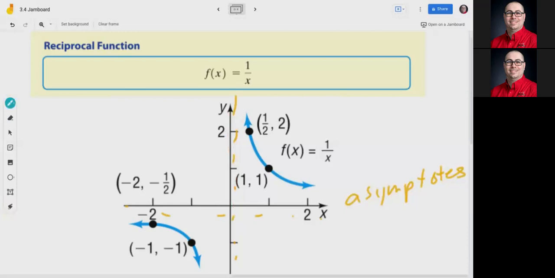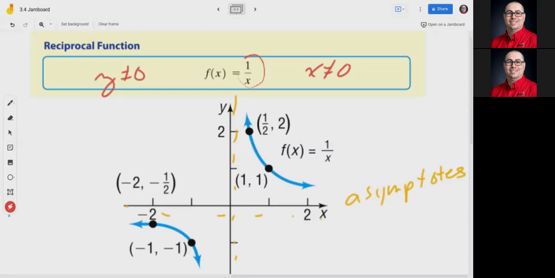The reason for the vertical asymptote is because x cannot equal 0. This function has a domain restriction there. And the reason for the horizontal is because y can't equal 0. And the reason that y can't equal 0 is because there's no way for me to make 1 over some value equal to 0.